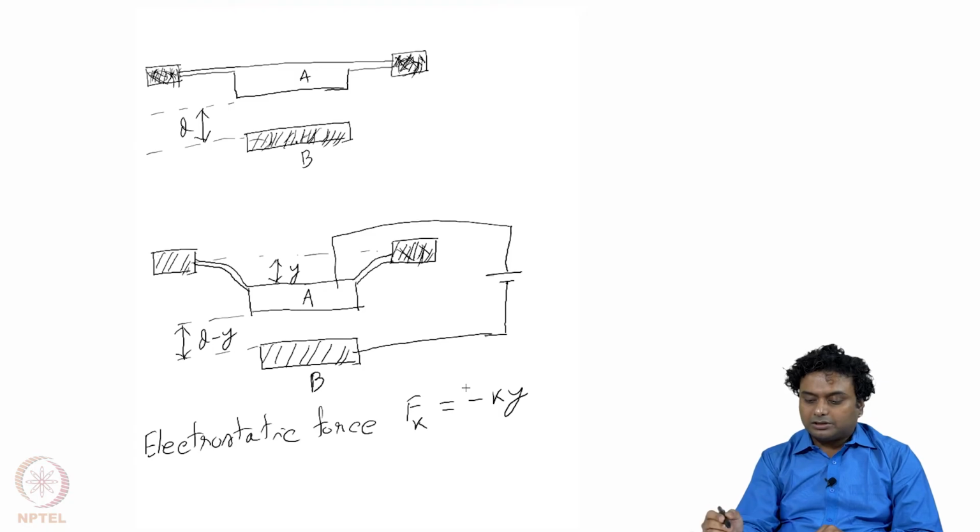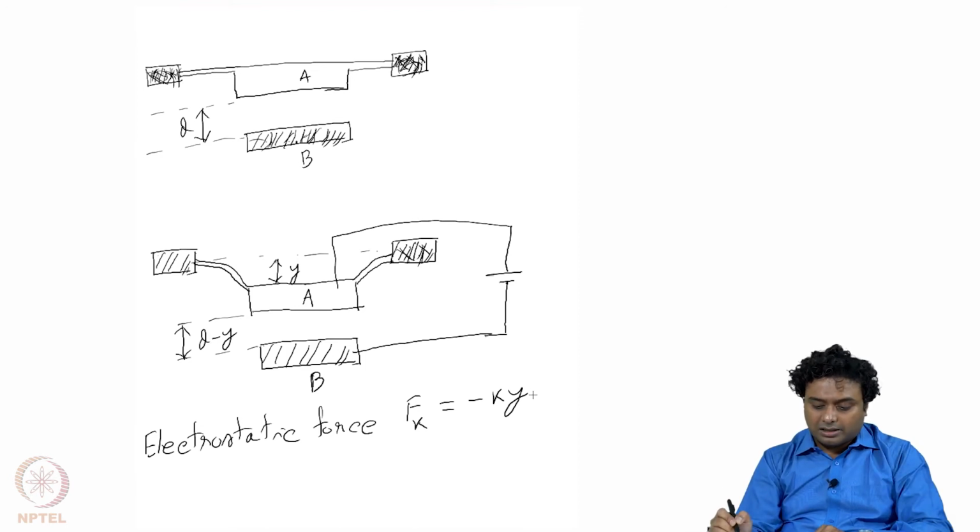We need to put direction, on one side it should be positive and on the other side negative. See, this y is the deflection, and we know that force is equal to k into x, where k is the stiffness constant. So, let us assume that whichever beam this plate A is connected to, the effective stiffness constant is finally k. So, the force is acting upward, and that is minus ky.